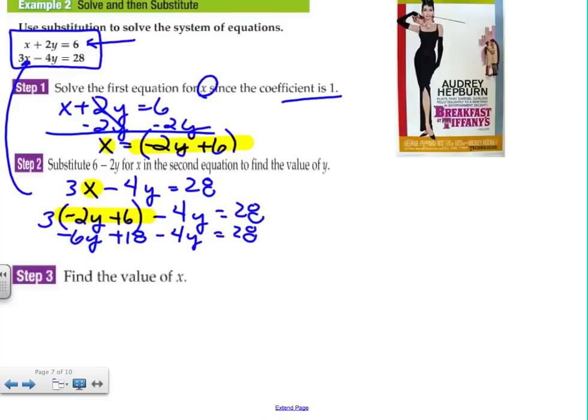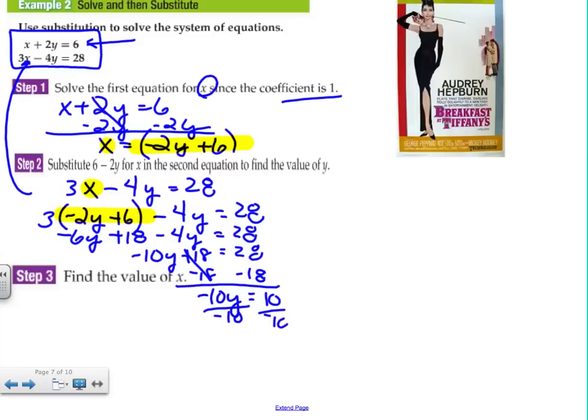And we add these two together, and we get negative 10y plus 18 equals 28. Subtract 18 from both sides, and we get negative 10y equals 10. Divide by negative 10, and we find out that y equals negative 1.